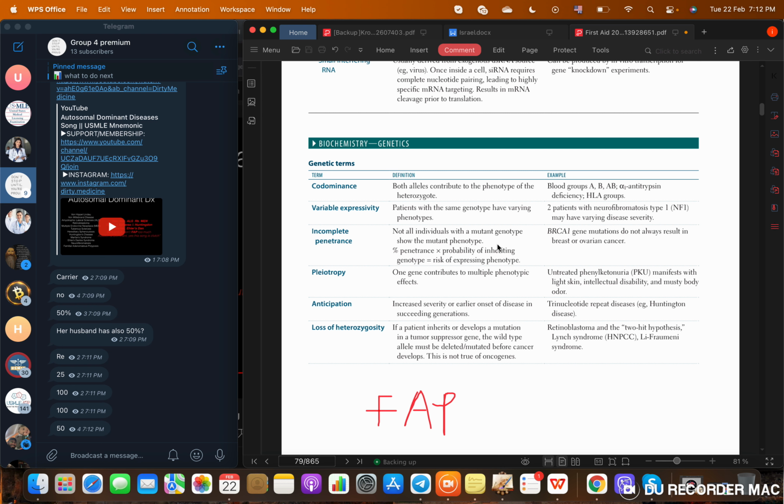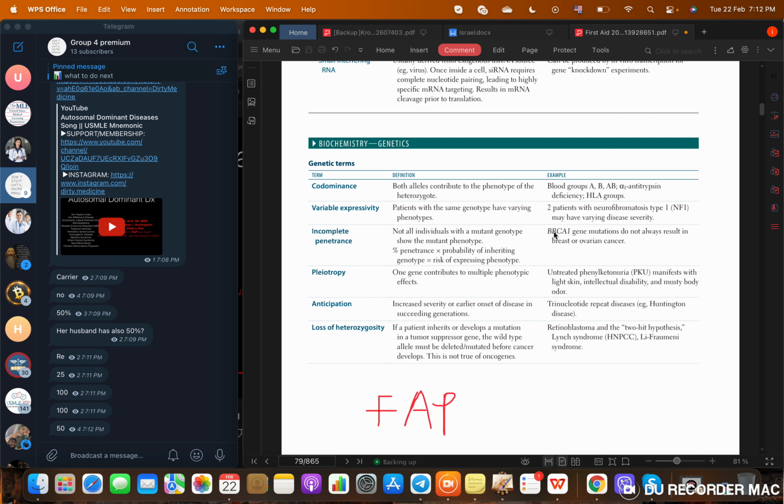So they write how to calculate the risk of expressing the phenotype. The probability of inheriting the genotype, which is 50%, multiplied by the penetrance, which is 100%. In this case, it's going to be 50% still. But you need to be careful because penetrance is different for different diseases. But on the exam, they will tell you which disease you are dealing with and which penetrance it has.